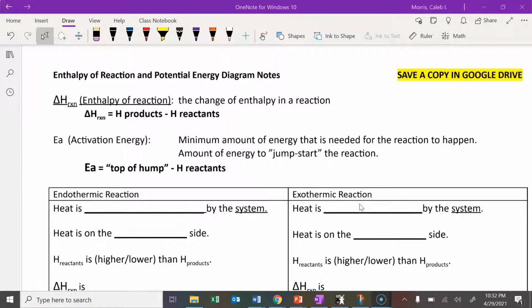Okay, one more thing that we want to talk about for today's lesson is potential energy diagrams. There's a few different names for these, but that's a really common one, a potential energy diagram. It's a way of showing potential energy as it changes in terms of a graph, and it gives us a lot of information related to enthalpy of reaction and so on.